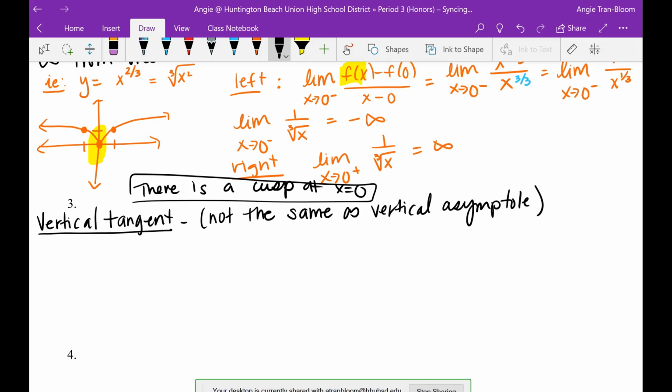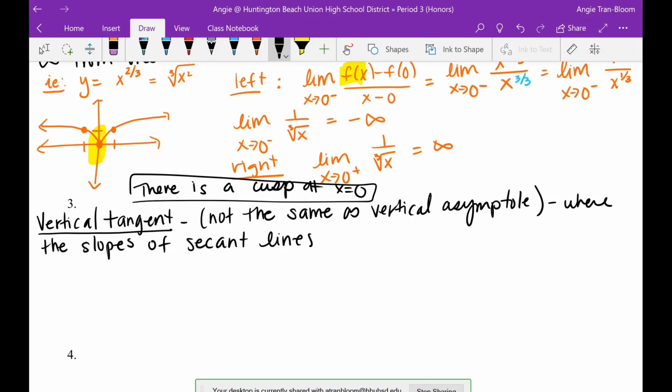Okay, by definition, a vertical tangent is where the slopes of secant lines approach either infinity or negative infinity from both sides.